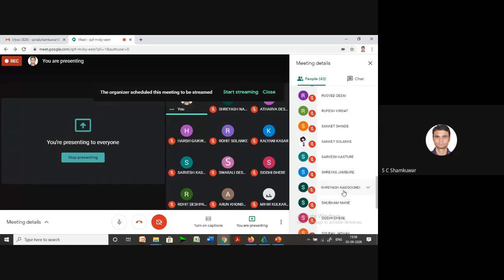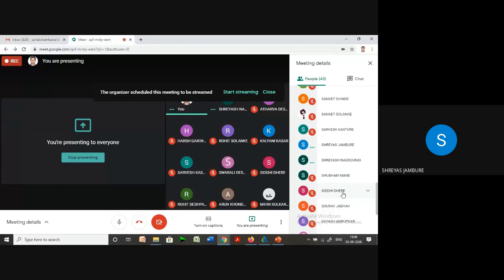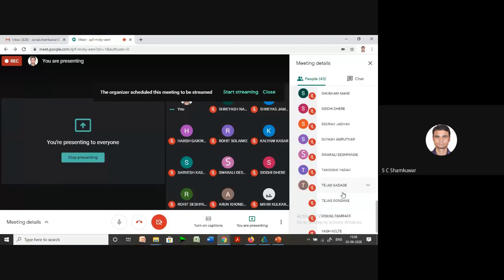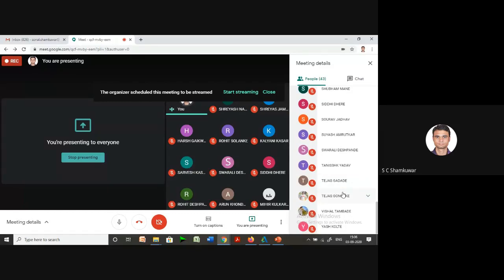Shreyas, not Shreyas Dambude, Shreyas. What is the answer of efficiency? Solve करतोय sir. लवकर. तेजस गाडगे. तेजस गोंडके. विशाल तांबडे.